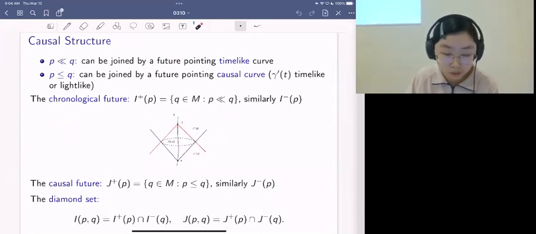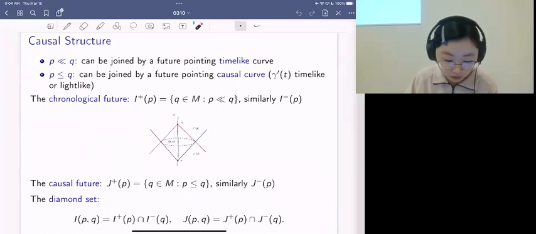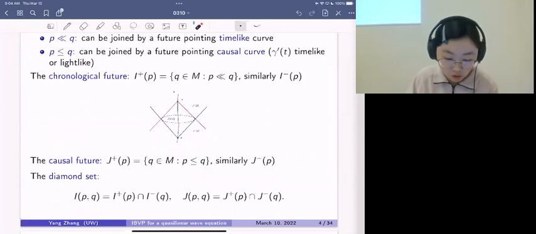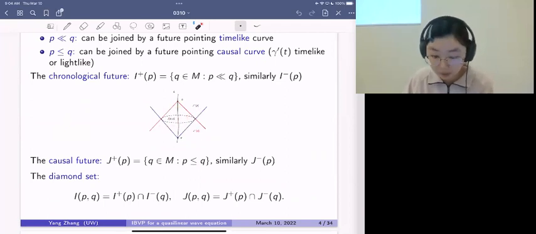The causal future of a point p is the set of all points that p causally precedes, and similarly we can define the causal past of a point p. With these notations, we can define the diamond set I(p,q), which is the intersection of the chronological future of the point p with the chronological past of the point q. And similarly, we can define the causal diamond set J(p,q).